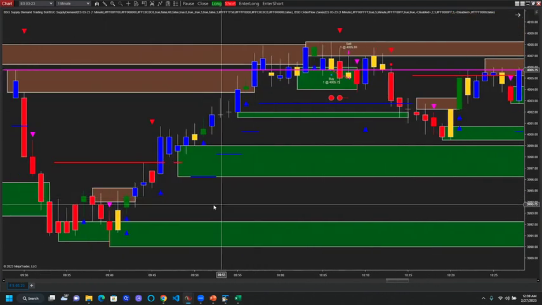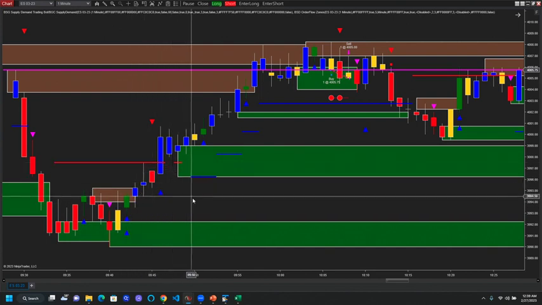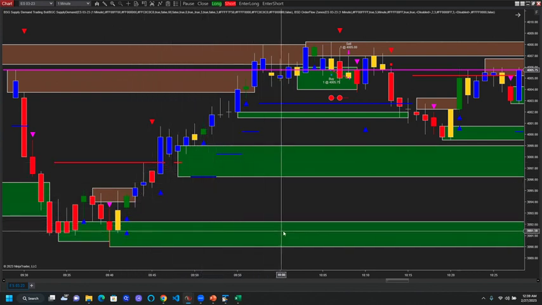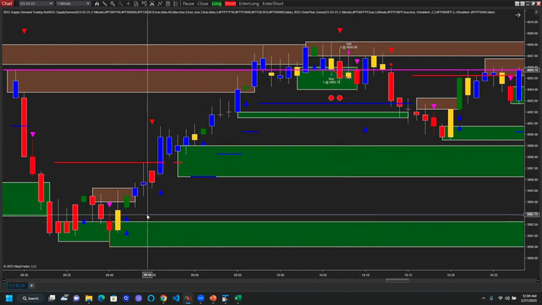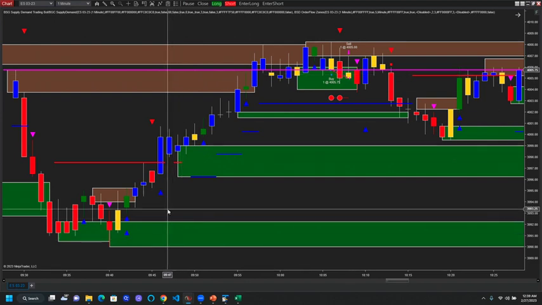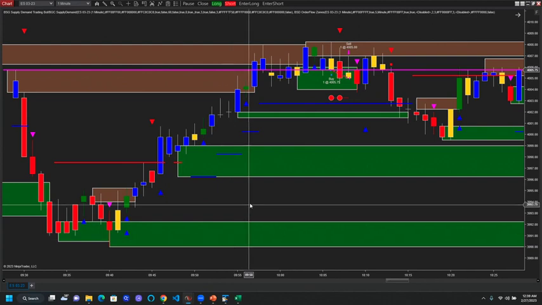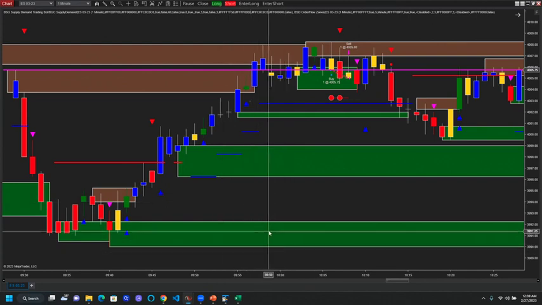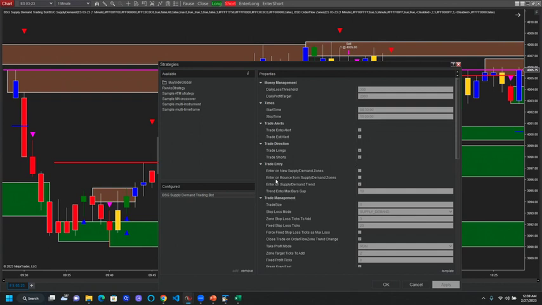So to explain a little bit, you can see the signal formed. If the market comes back, touches the same zone and bounces back up, we want to enter on those bounces, because when the demand or supply zone is very strong, when the market reverses, it bounces and then goes back up. We want to capture that as a trade as well. That is the second option, enter on bounce from supply and demand zones.